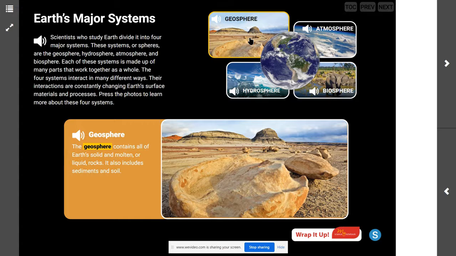Then we're going to ask you to apply your thinking about these Earth's major systems. Beavers often build their dams on streams, forming ponds. Which systems are interacting when a beaver builds a dam?